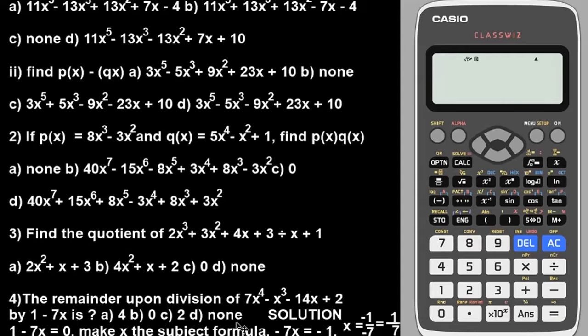Like I have here, solution: 1 minus 7x equals 0. When you equate it to 0, you make x the subject of the formula. So this 1 will cross the equality sign and change to minus 1.